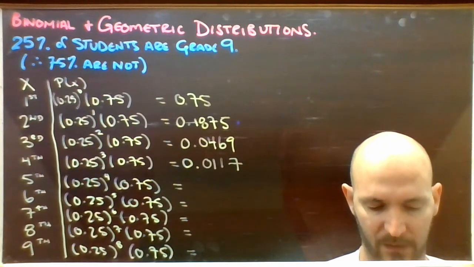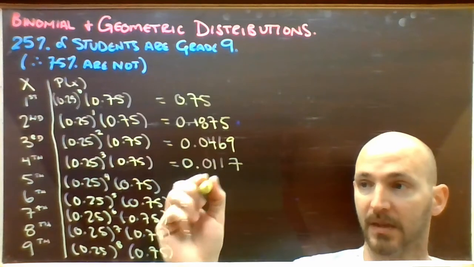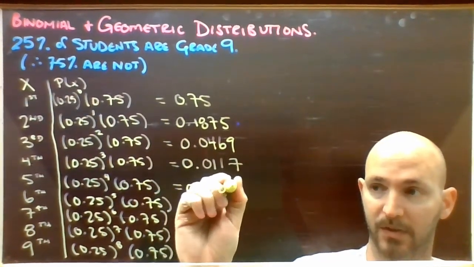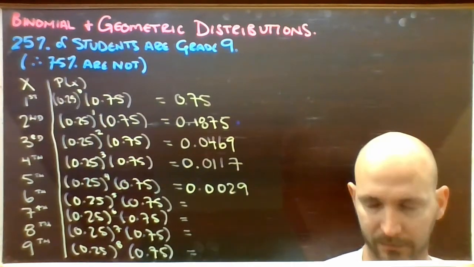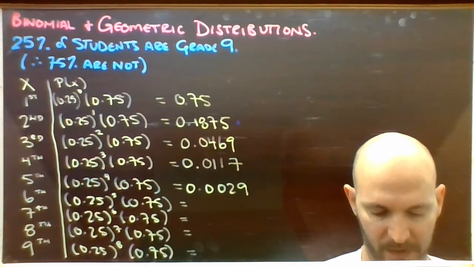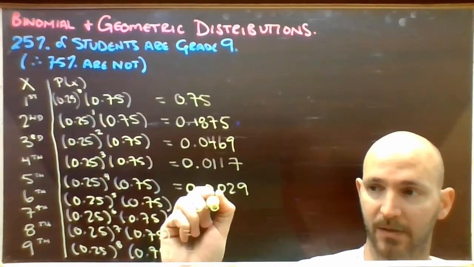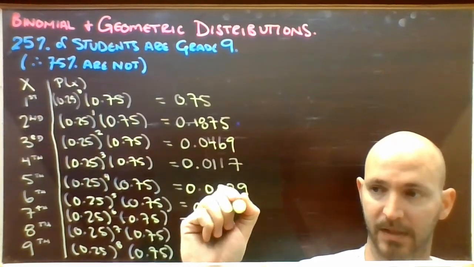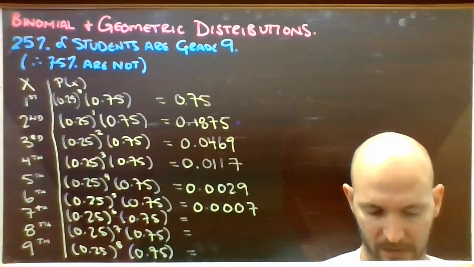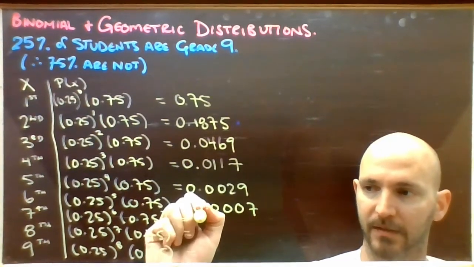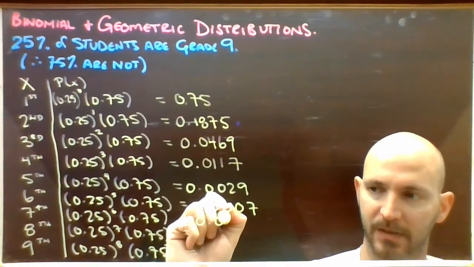Times 0.25 is 0.0029, times 0.25, 0.0007 times 0.25 is 0.00018.